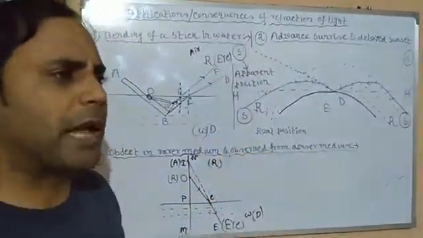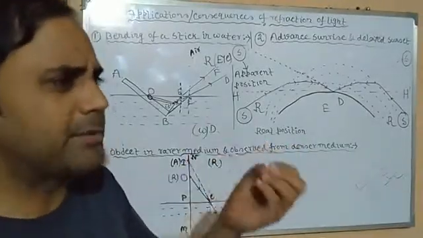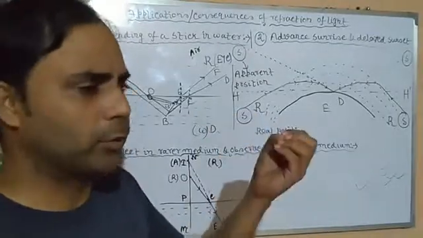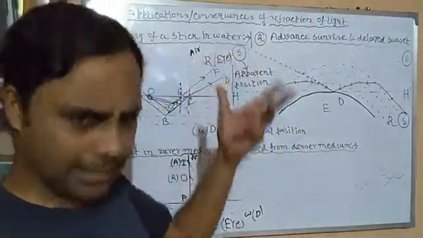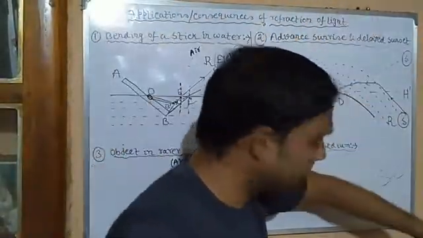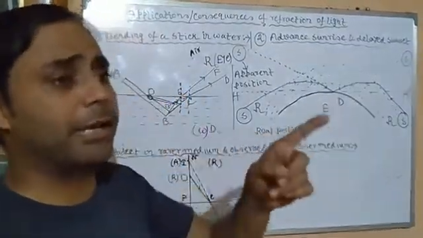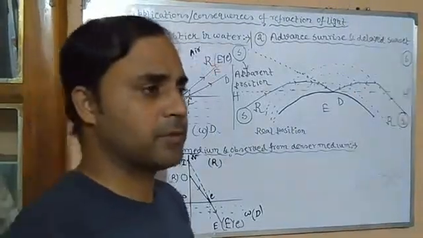Suppose, for example, at 5 o'clock the sun will rise. 5 AM is the actual time of rising of the sun. But at 4:45 we can see the light. Actually it also happens after the setting of the sun. Suppose at 6 PM the sun has already set, but still for the next 10 or 15 minutes we can see the glow.